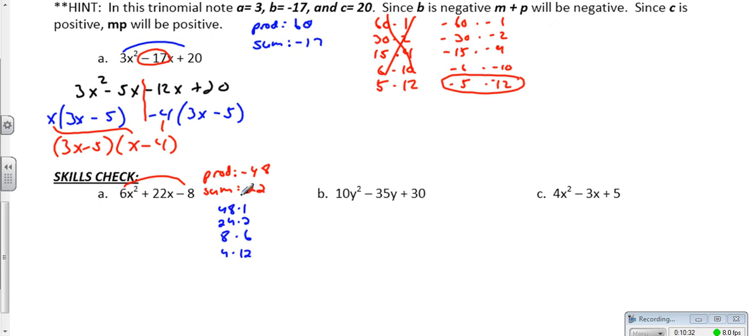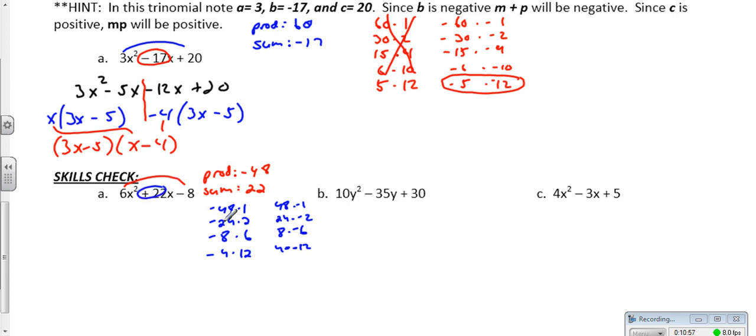Now the product is a negative 48, so one of these is negative. Or 48 times a negative 1, 24 times a negative 2, 8 times a negative 6, and 4 times a negative 12. Now which one of those has a sum of 22?